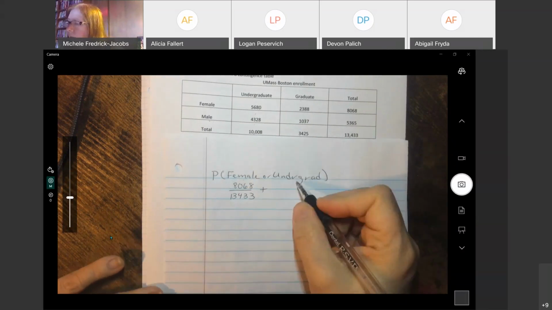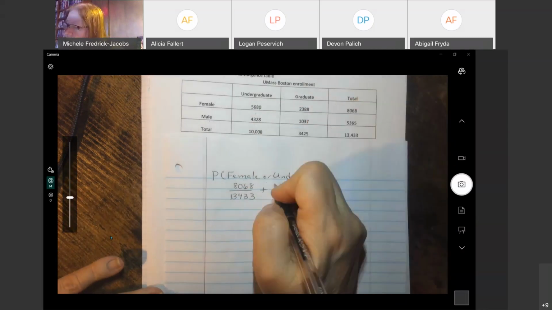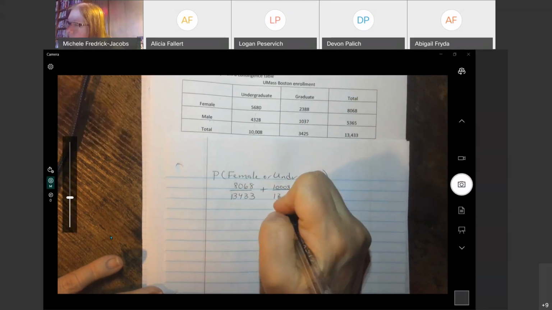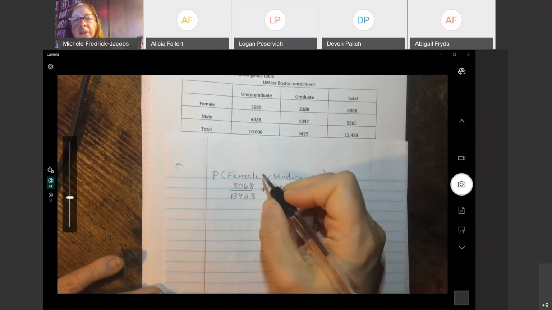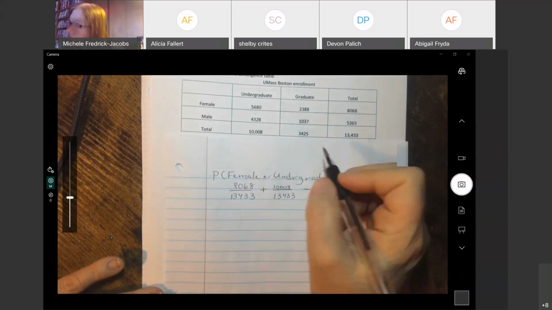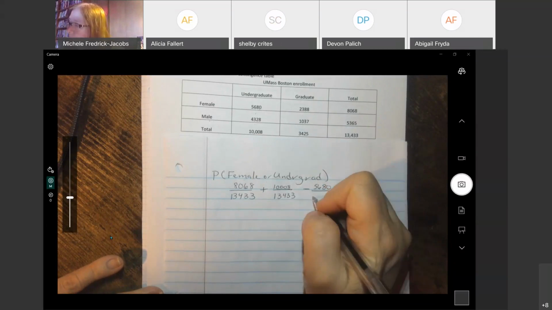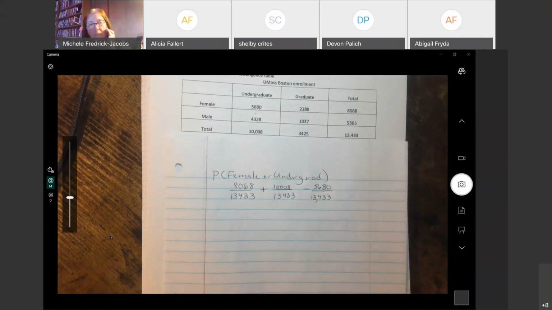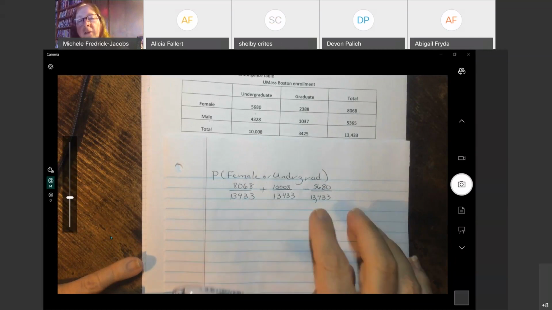Plus the probability of an undergraduate would be here, 10,008 over the total. And then we subtract the overlap because it's in both of them. So 5680 over 13,433. So each probability separate and then subtract the overlap.